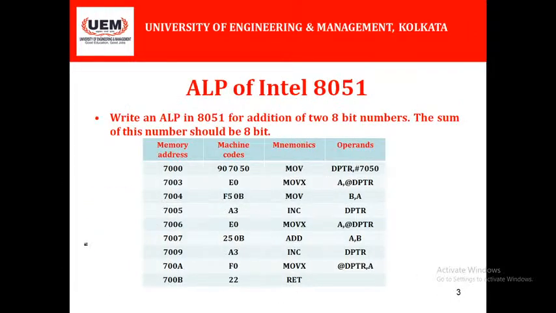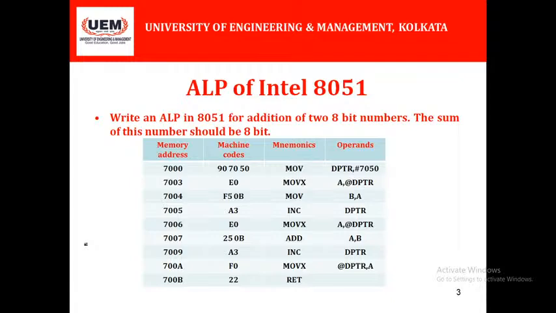You are observing the first program: write an ALP in 8051 for addition of two 8-bit numbers. Sum of these numbers should be 8-bit.